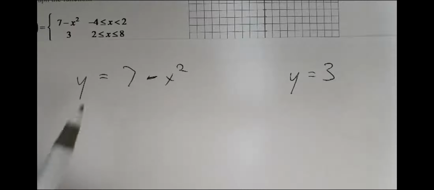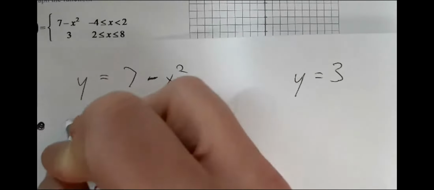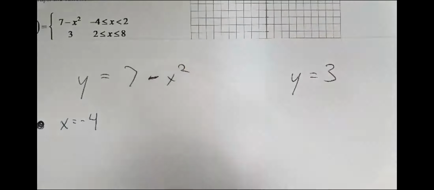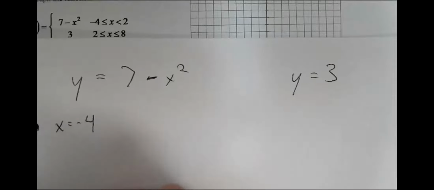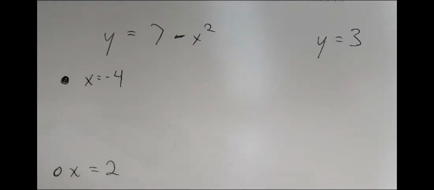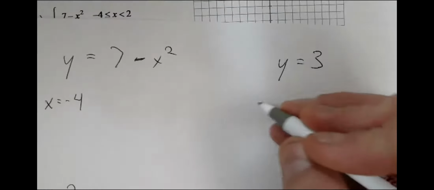I want a solid dot on this one where x is equal to minus 4. Solid dot, x equals minus 4. And I want an open dot at x equals 2. And then the other one is a solid dot at x equals 2.